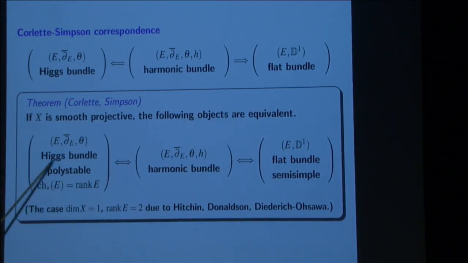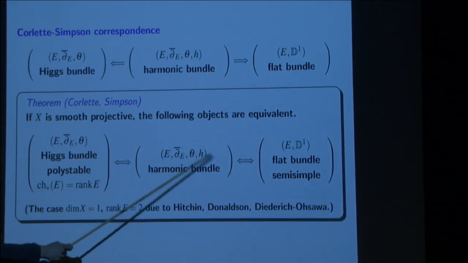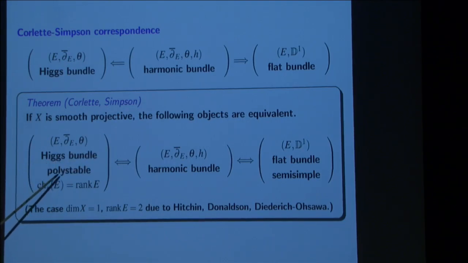Precisely, we should impose some conditions. Actually, Simpson proved the equivalence of harmonic bundles and Higgs bundles which are polystable and have trivial Chern characters. I mean, ch_0 is always the rank of E, so this means the vanishing of higher Chern characters.